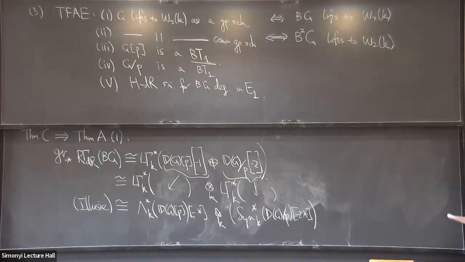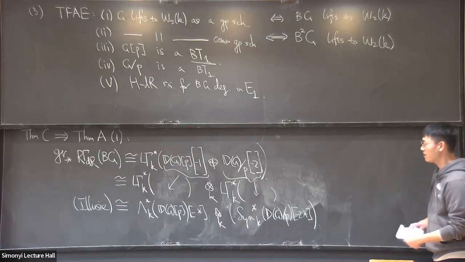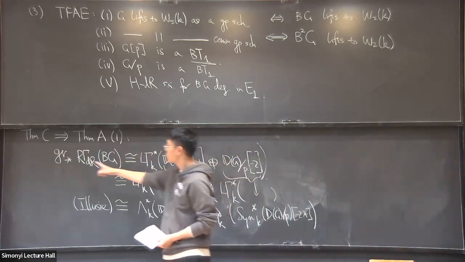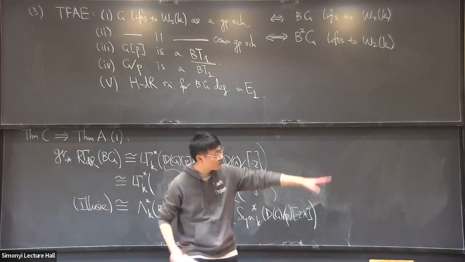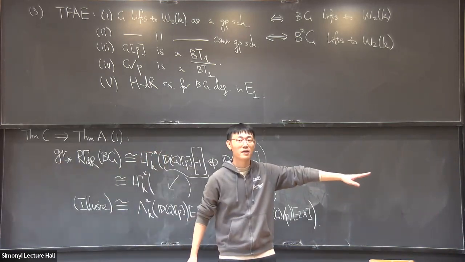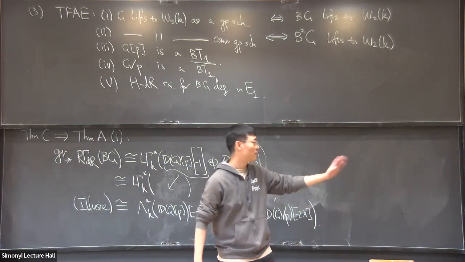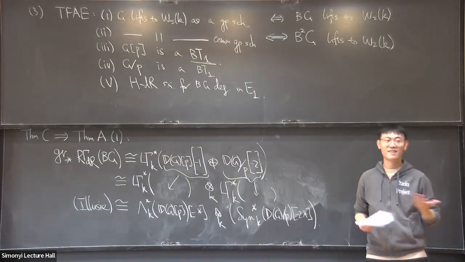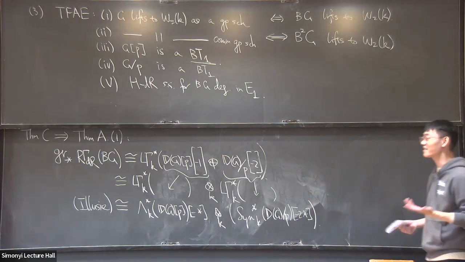So we just have to be a little bit more careful to go through the spectral sequence associated with that filtration. It's some algebra that you just have to do and then conclude our statement.